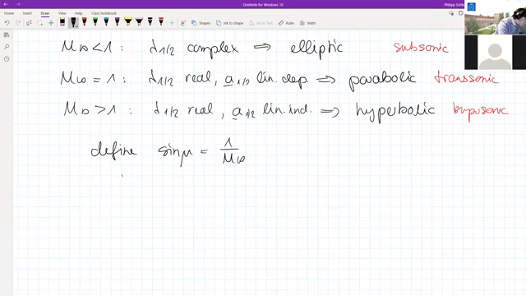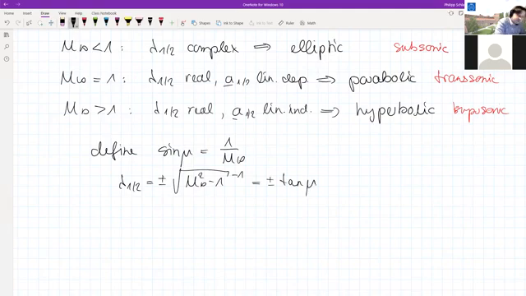And then it turns out that these lambda 1 and 2, these eigenvalues that we calculated, as we wrote above, are the square root of Mach number squared minus 1 to the power of minus 1. Actually, this is the slope, and this, of course, relates to the tangent of this mu, as a slope typically does.